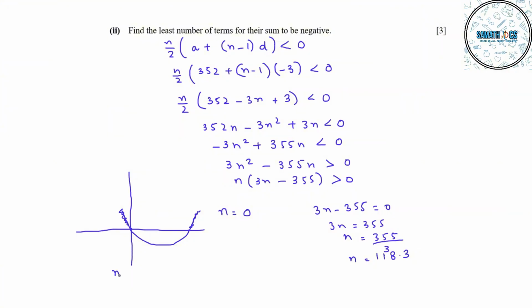So n is either less than 0 or n is greater than 118.3. As we have to find the least number of terms for their sum to be negative, we have to consider the integer value which is greater than 118.3, which is 119. So the least number of terms for their sum to be negative is 119.